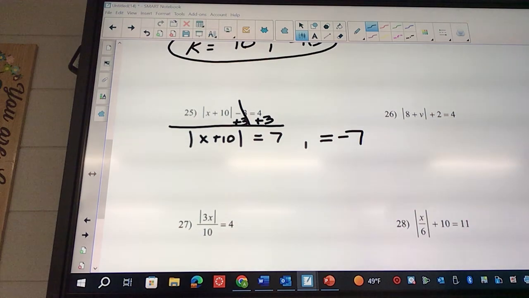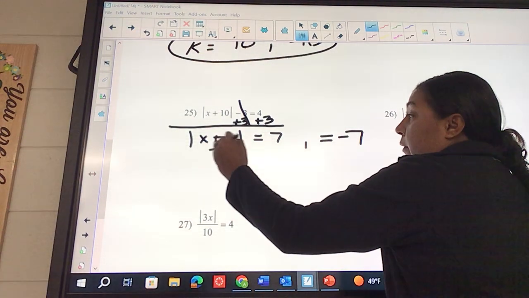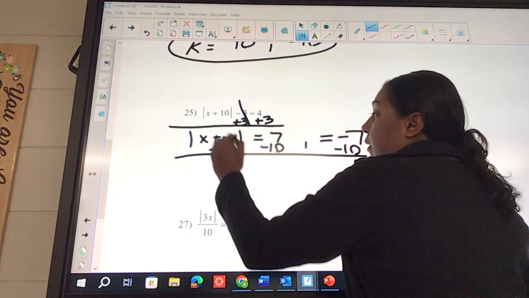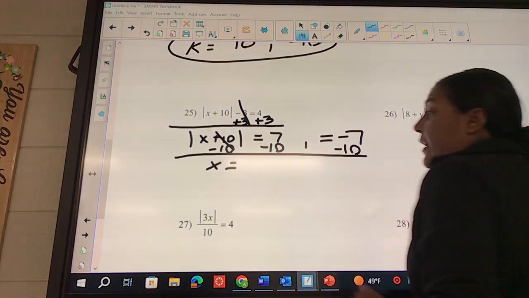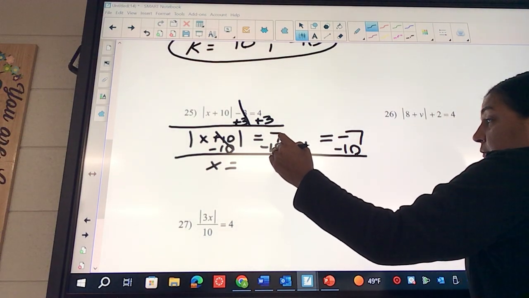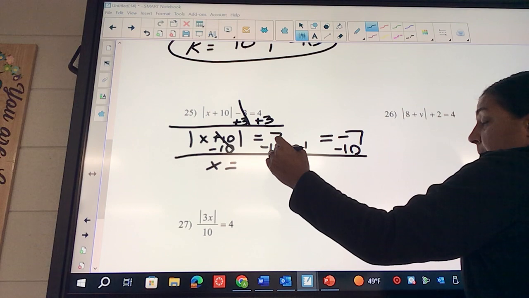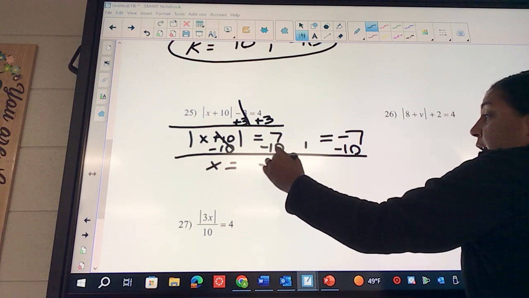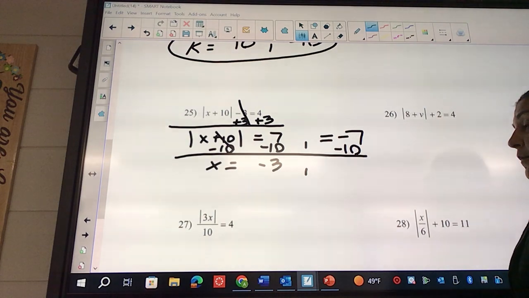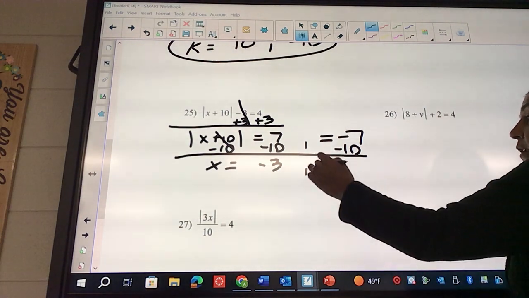How do I move a plus 10? Minus 10. So we got x equals 7 minus 10. -3. Close. Oh, -3. -7 minus 10. -17.